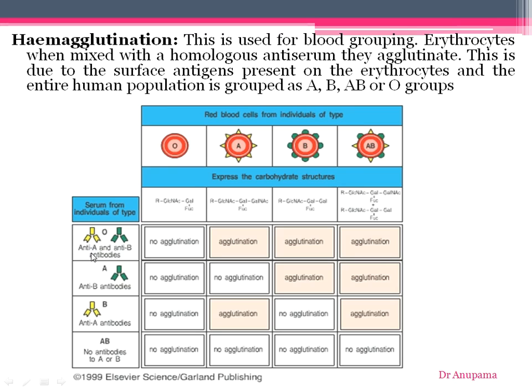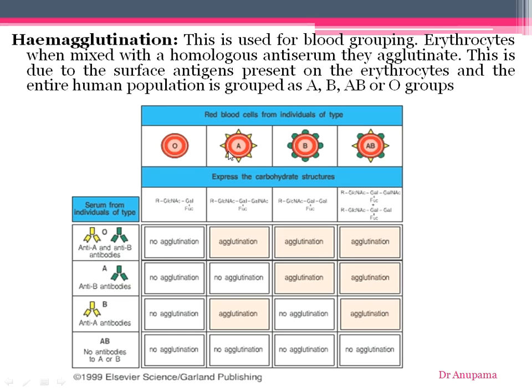So here, persons having blood group A, B, O or AB have different antibodies in their serum. O blood group does not have any surface antigens, while their serum consists of antibodies against A as well as B, that is anti-A and anti-B antibodies.